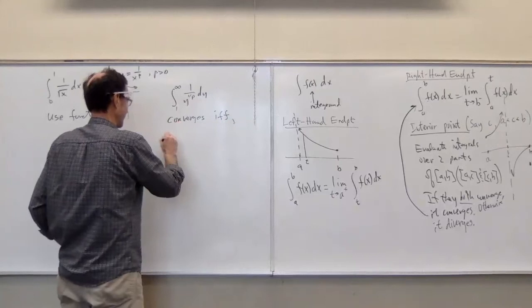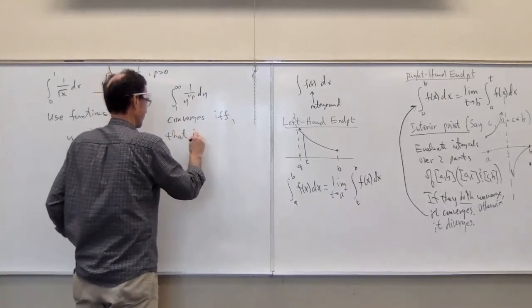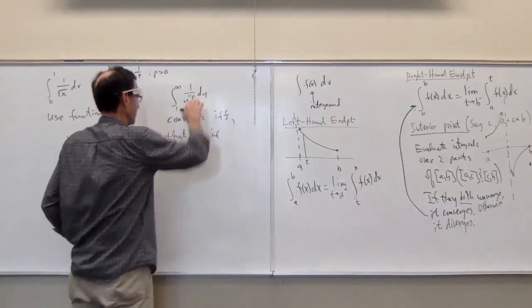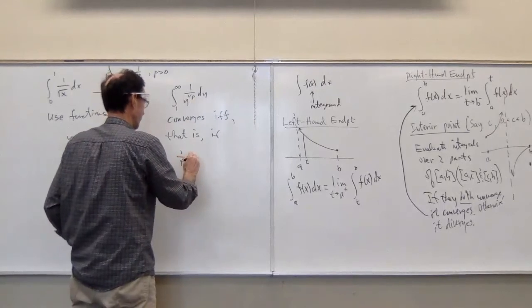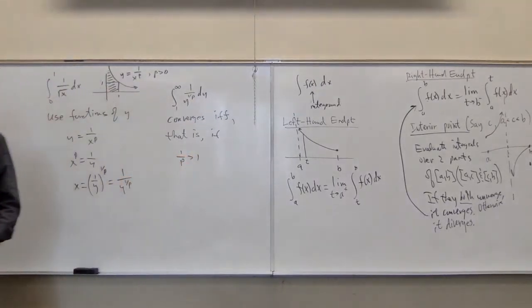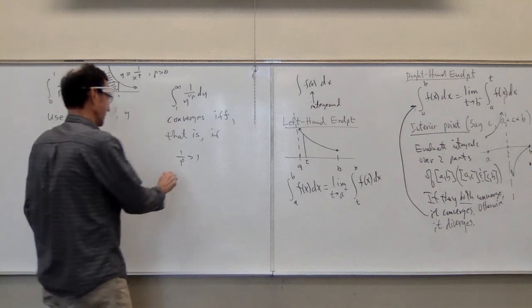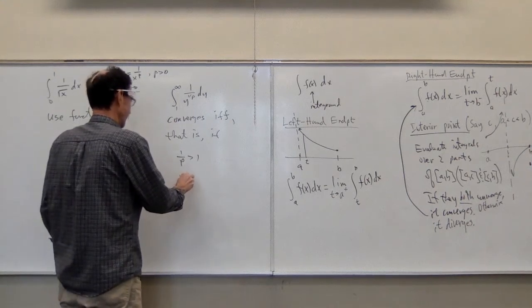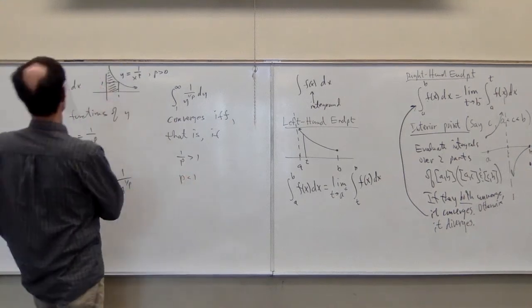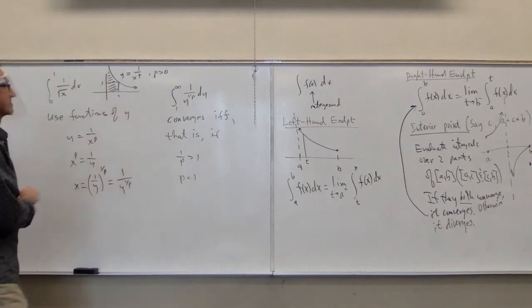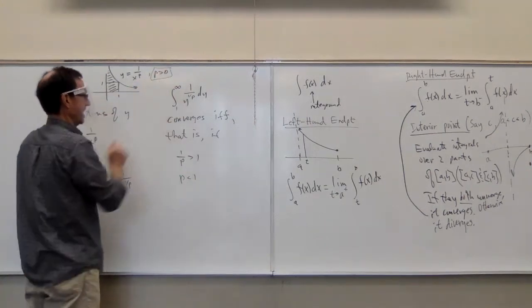That is, if the P value here, which happens to be 1 over P, is bigger than... You see that? And if you solve that inequality, multiplied by P, we get that P has to be less than... Well, we already said it had to be positive.